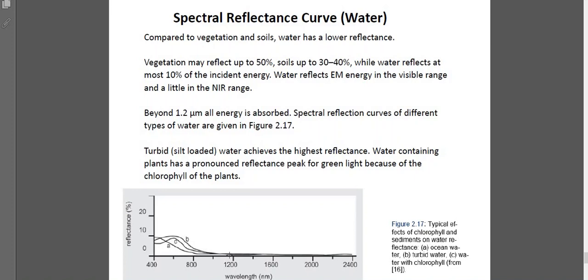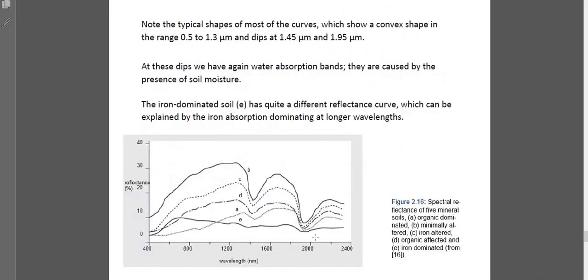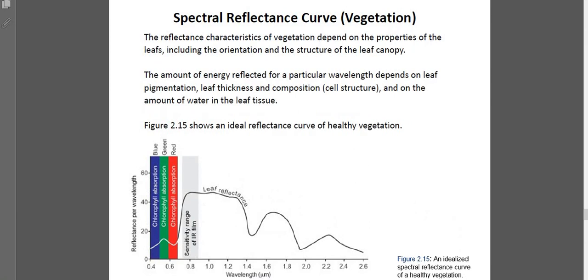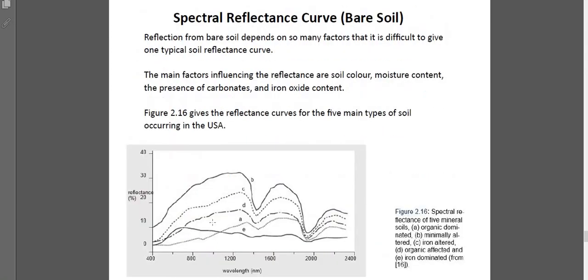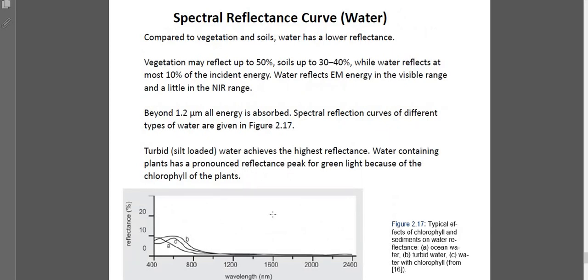The equations are in the graphs. All the equations of vegetation and soil are here, the vegetation of every type of soil. These are only 5 types, but if we have the graphs of all soil types, then we can understand the behavior of the radiations. Similarly, the behavior of water.